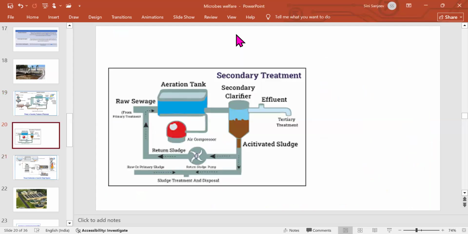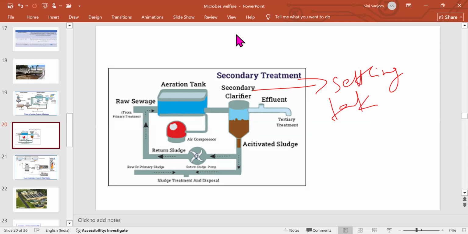Now from here it goes to the settling tank. Once it goes to the settling tank, if necessary for the tertiary treatment, then we can do the tertiary treatment. Otherwise, it is just discharged to the water bodies.